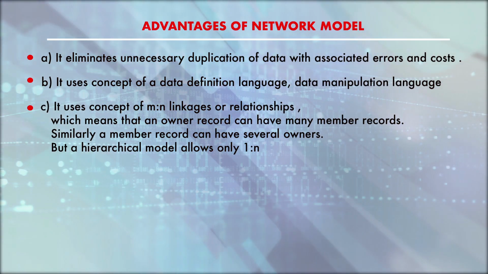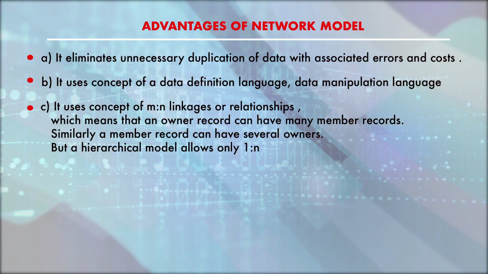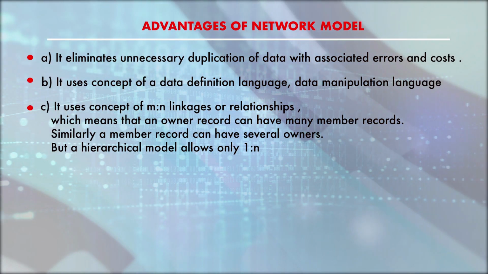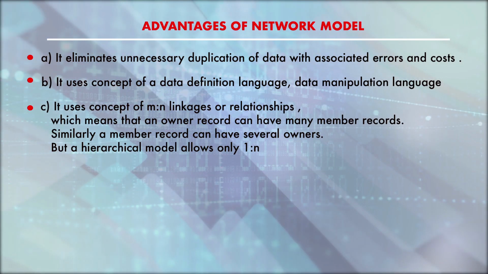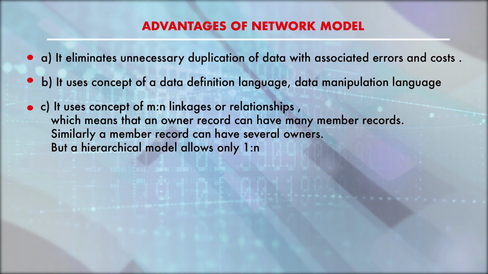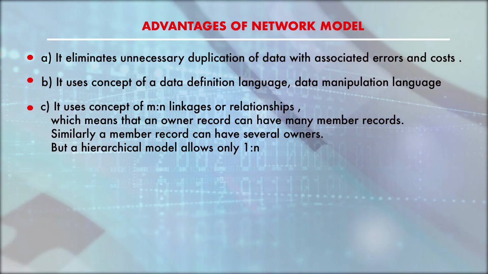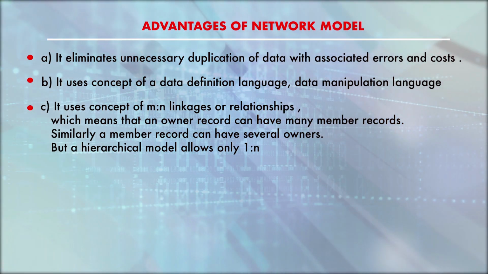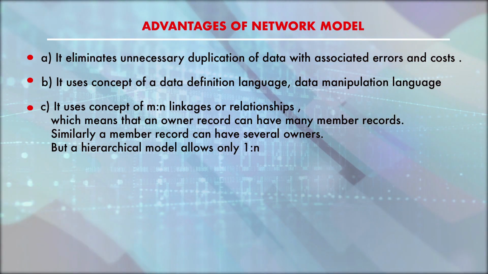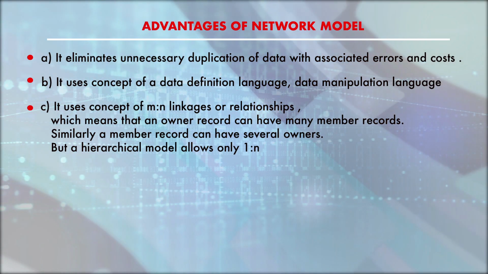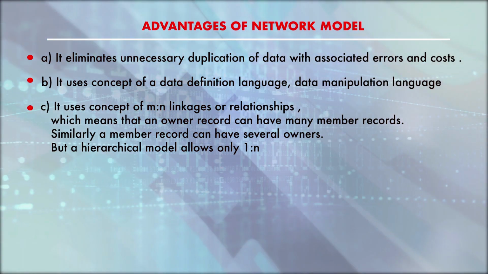It means if there are m entities at one level in the hierarchy, there may be another n entities, and they are connected with each other. So, in that way the complexity of the network model or network database is more, but it provides a lot of advantage in terms of storage of the data. It will minimize the duplicacy, as well as provide much faster access to the information, so searching will be less time consuming.